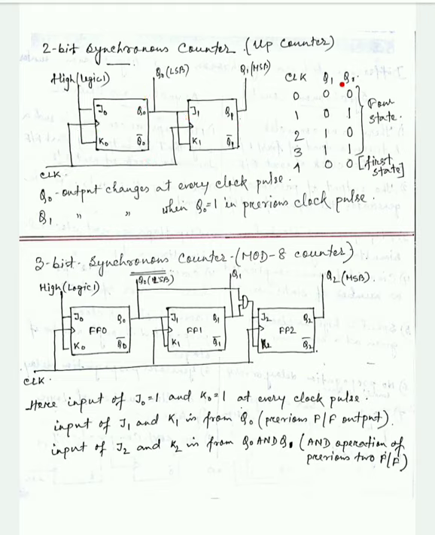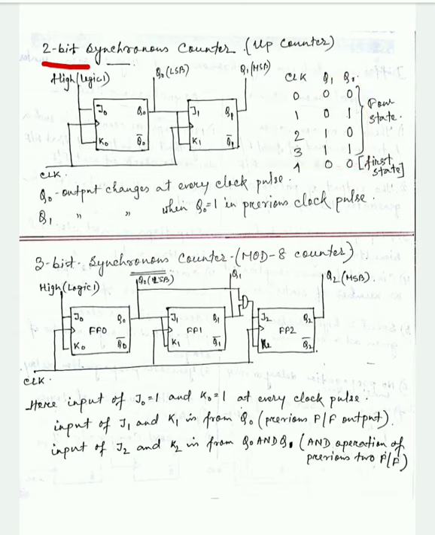That's why Q1 is always affected by the previous clock value of Q0 all the time. Every next flip-flop is always affected by the previous output value of the flip-flop. So this way, with a 2-bit synchronous counter, we get 4 states.